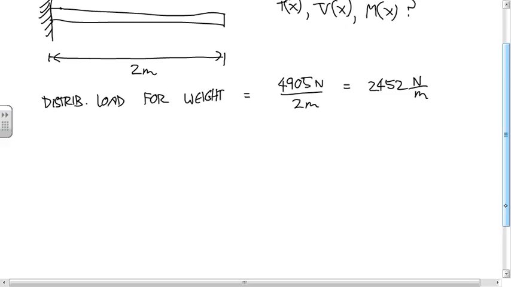And it's a uniform distributed load, so we now have a rigid body problem like this.